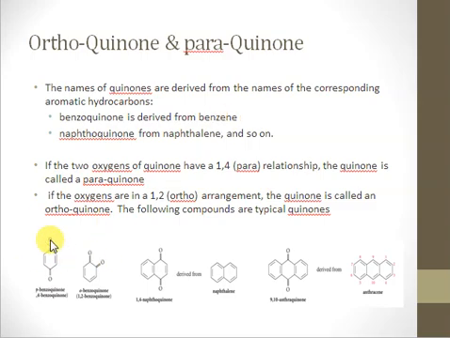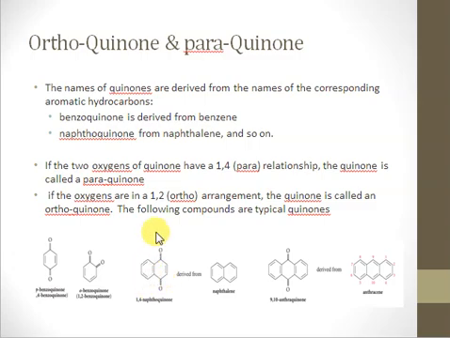So this first one, since the oxygens have a 1,4 relationship with each other, is para-benzoquinone, also called 1,4-benzoquinone. Here we have these two oxygens, and you can see their relationship is 1,2, because if this oxygen is attached to carbon number 1, then this second oxygen is attached to carbon number 2. So this benzoquinone is known as ortho-benzoquinone or 1,2-benzoquinone.